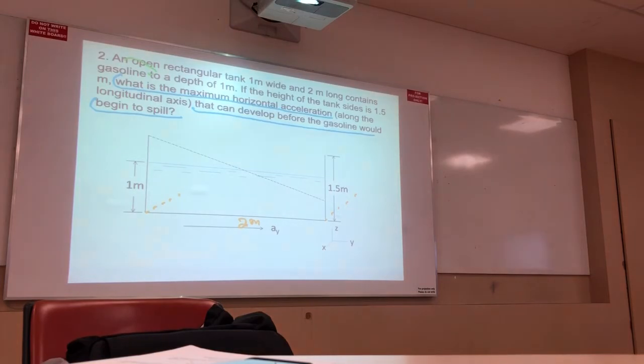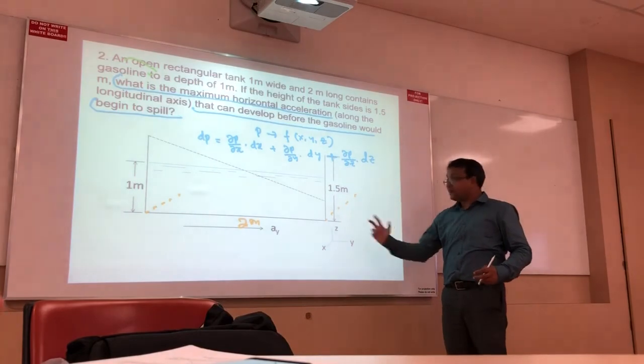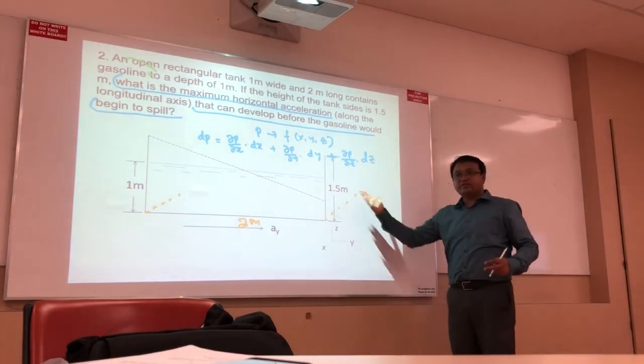So what is the total pressure change? Pressure is a function of x, y, z, right? The change in total pressure is dP = (∂P/∂x)dx + (∂P/∂y)dy + (∂P/∂z)dz. This term changes in the x direction, but y and z are constant.